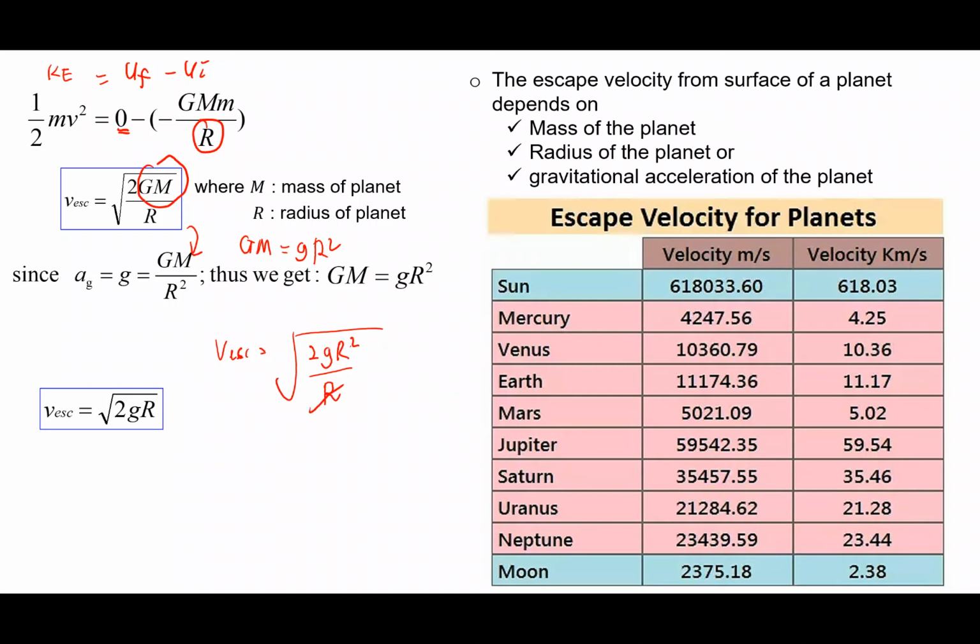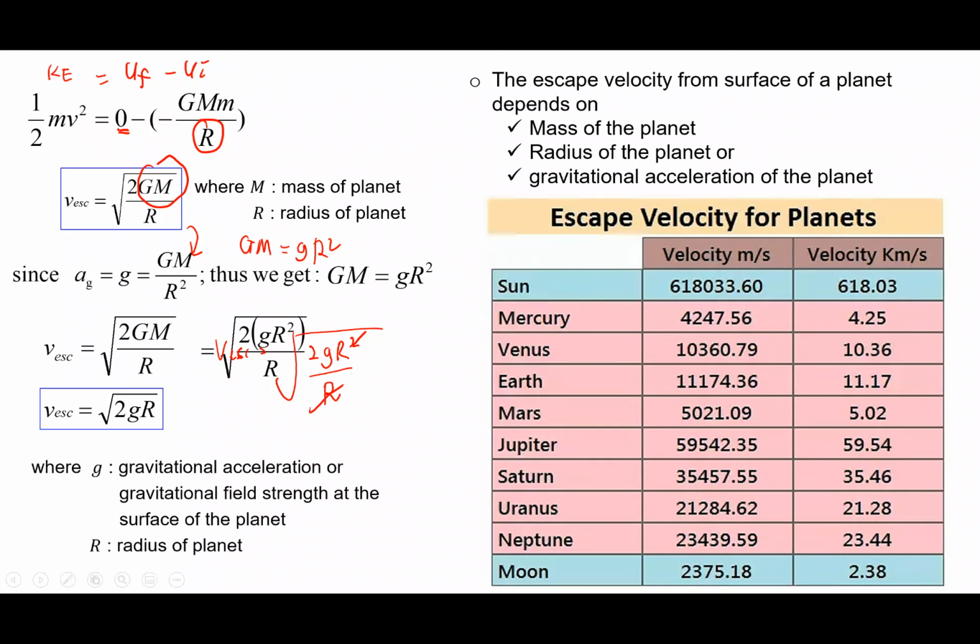So you boleh cancel. So you tinggal square root of 2gR. So another equation for V escape. So you ada dua lah equation untuk velocity escape, tetapi R dekat sini adalah refer juga masih menggunakan radius of the planet.